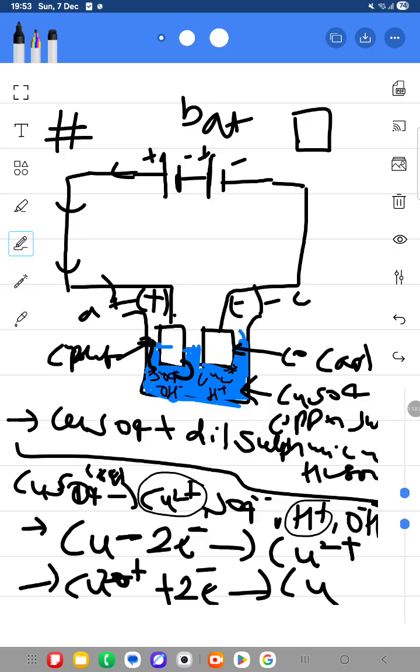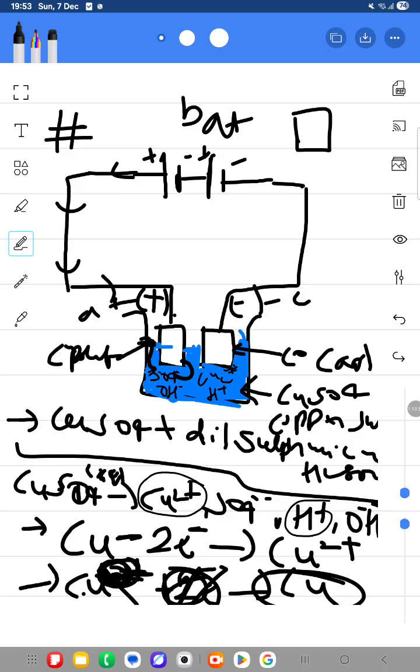The 2+ on copper and the 2 electrons will cancel out, positive and negative, remaining Cu. This also means 2 positive charges of copper and 2 electrons.